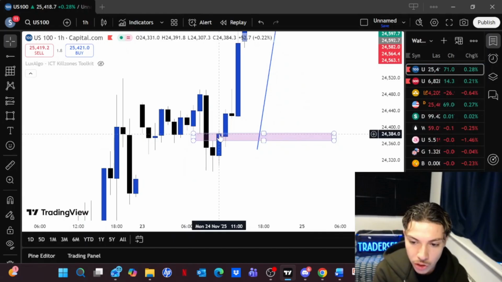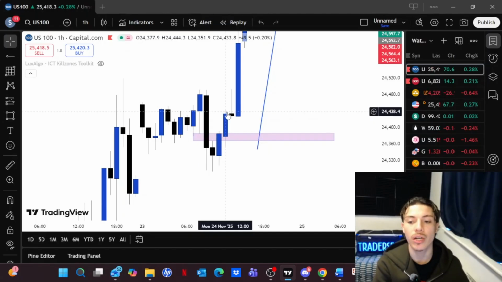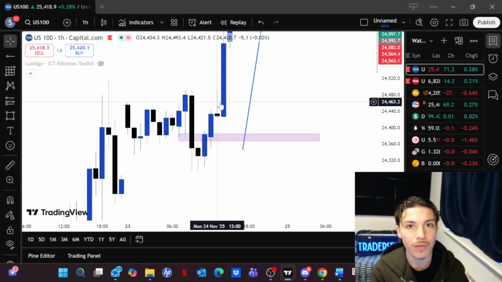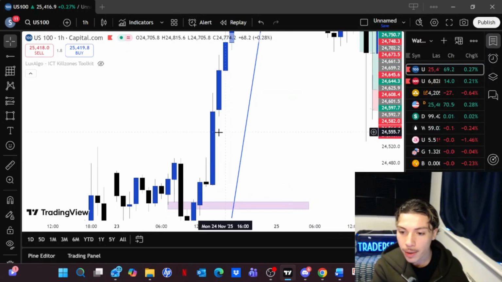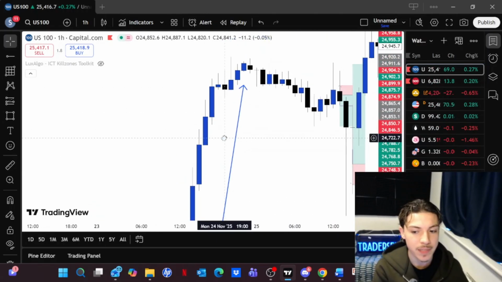So do we get the inversion on this candle? No. However, we do get it on this candle with this strong bullish candlestick closure. So just like that, that's the market telling me that we want to get a reversal. That is a bullish confluence. And as we can see after, bang, bang, bang, bang, buys, buys, buys, and so on and so on.